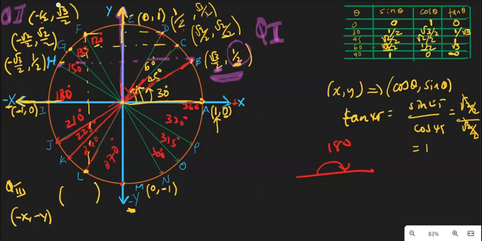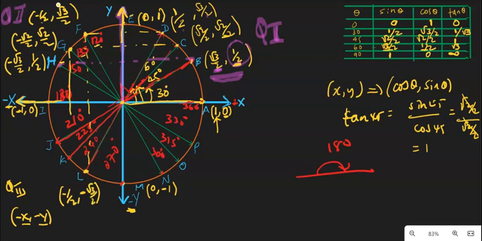That means all the negative x-axis value remain negative, and the y-axis become negative. So because we are mirroring with respect to negative x-axis towards quadrant 3, where all the x and y coordinates are negative, that means negative 1/2 and negative √3/2.